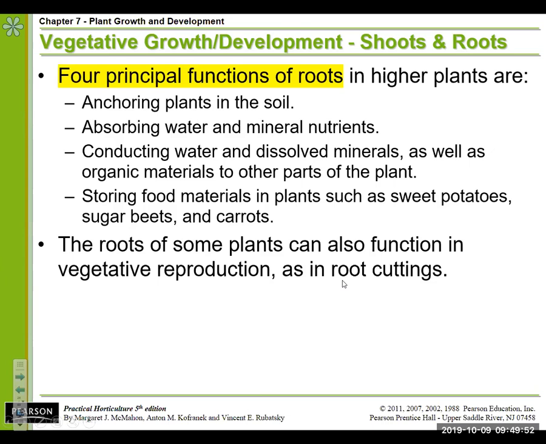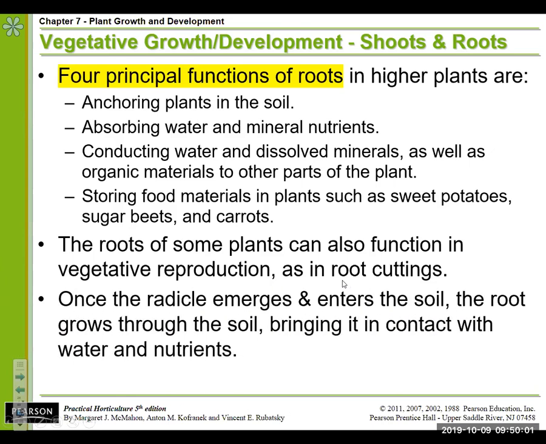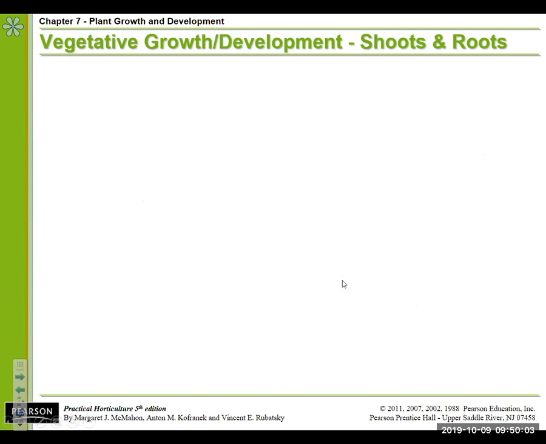And in many cases, we actually use the roots as a way to vegetatively propagate the plants, such as in root cuttings or division of the plants, which we'll talk about later on.